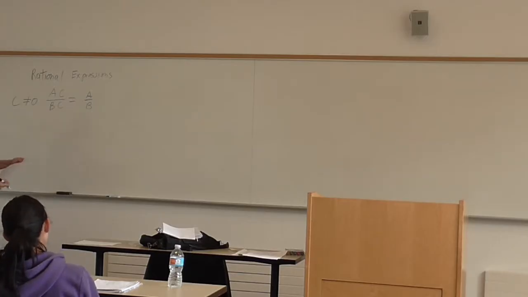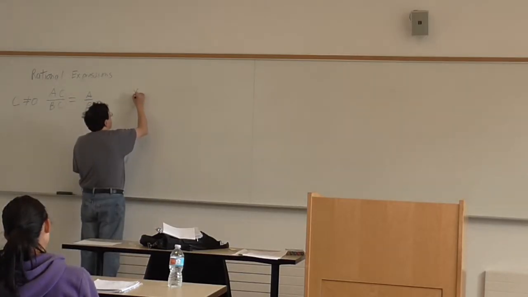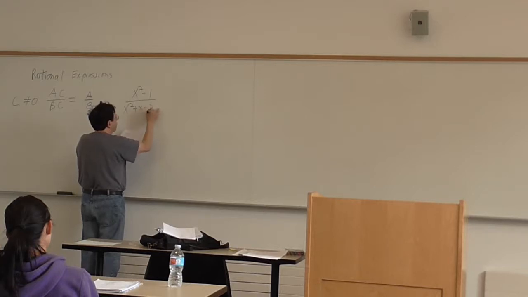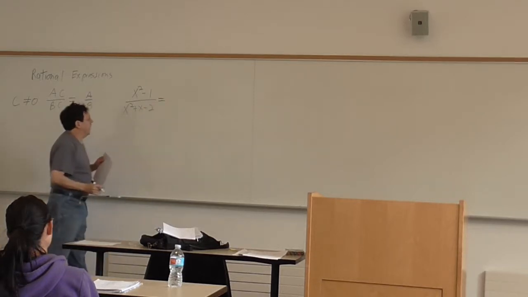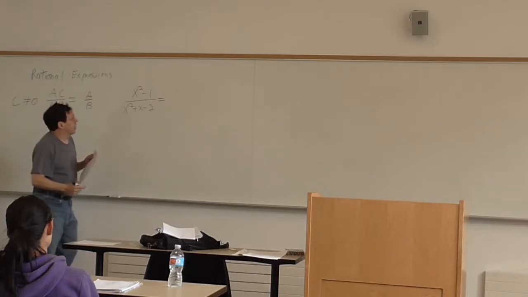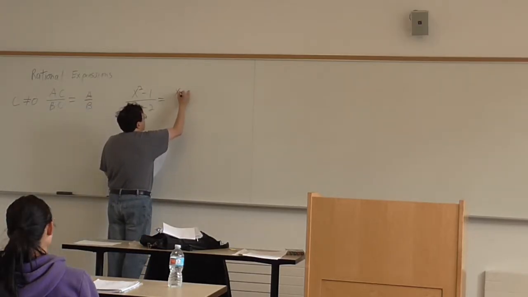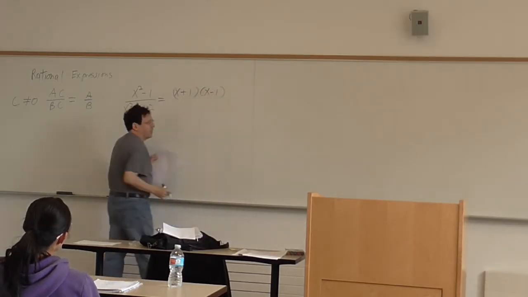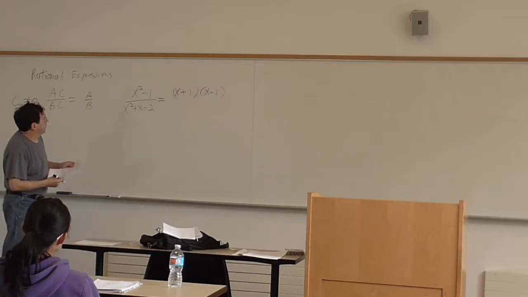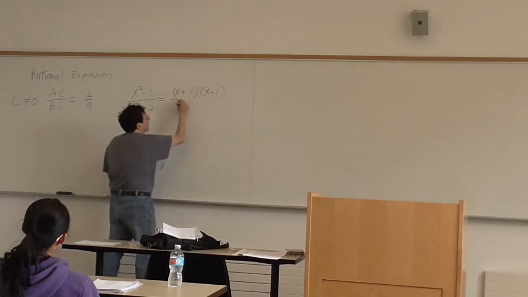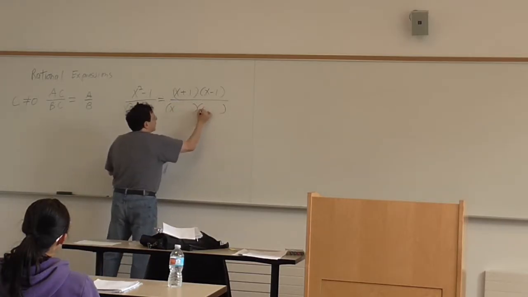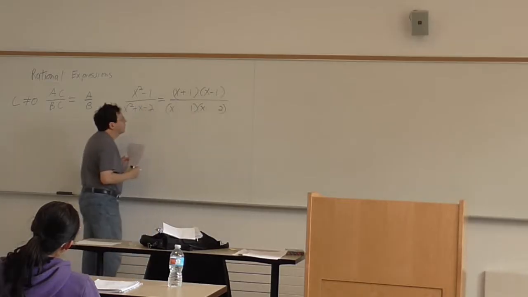Looks like I'm just doing something with a fraction here, but we're talking about polynomials. So, for example, if I have x squared minus 1 over x squared plus x minus 2, well, first I'm going to have to factor these to see if I can simplify it. So x squared minus 1, of course, is x plus 1 times x minus 1, that's our a squared minus b squared pattern. This one I'm going to have to try to reverse FOIL. x, 2, 1.